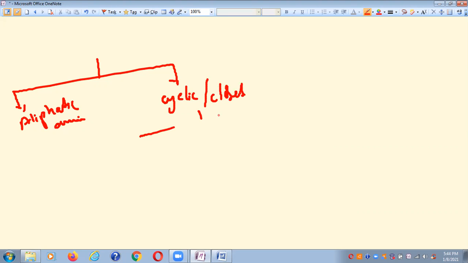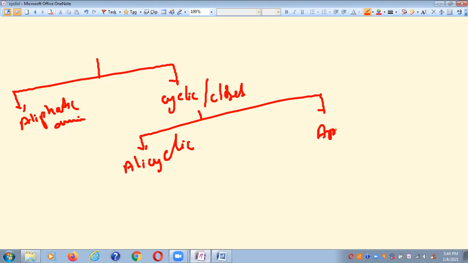Again, cyclic amines are of two types: alicyclic, which may not follow the Huckel rule, and aromatic amines. In aromatic amines we have a cycle which obeys Huckel's rule. So this is aniline. The general name of the compound is aniline, or phenylamine, not benzylamine, phenylamine.